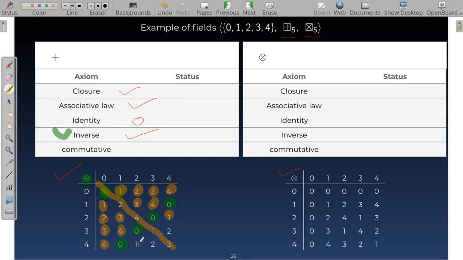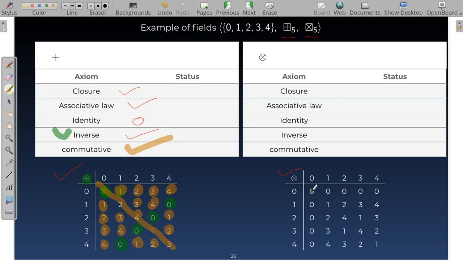You have 1 here, 1 here, and 2 and 2. So you can see that this is going to be symmetric with respect to the diagonal. What does this symmetry tell us? That a plus b is actually equal to b plus a. This is what this symmetry tells us. So it is going to be commutative. Now next we are going to discuss multiplication.